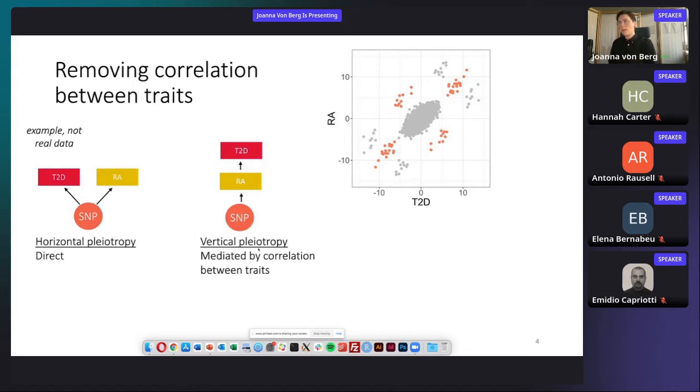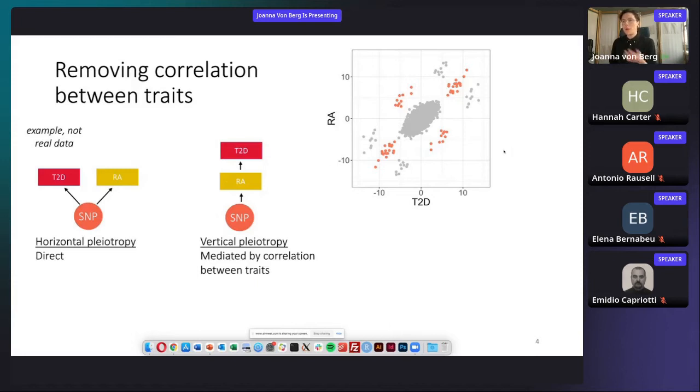There is another type of pleiotropy where one SNP has a direct effect on only one of the traits, but because this trait is correlated with another trait, we will also see an association of this SNP with T2D in this example, while the SNP only has a direct effect on RA. And if we would remove this correlation between those traits, we would not see an association with this SNP and T2D anymore. Because the pleiotropy here is mediated by the correlation between the traits.